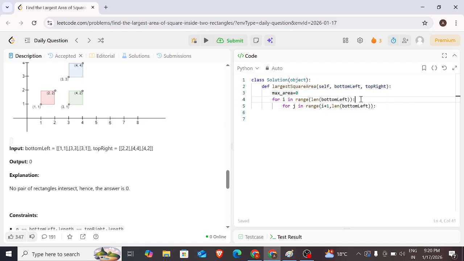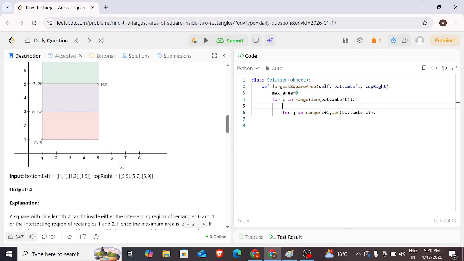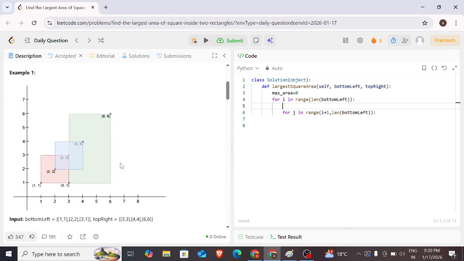Let us find the left and the right and so on for my first rectangle that I'm going to be checking. So suppose the left comma L1 comma B1, so left comma bottom of this is bottom left of i, basically whatever is being given here, right?